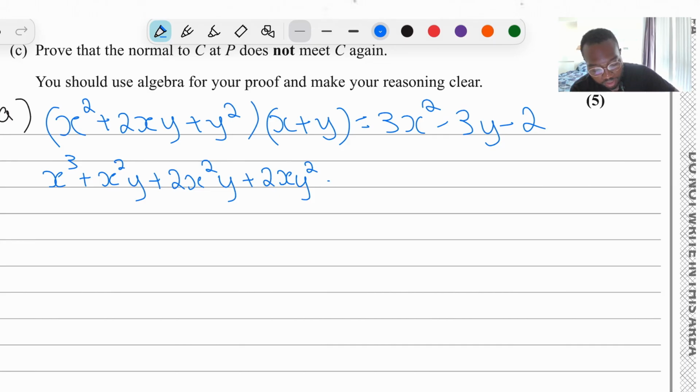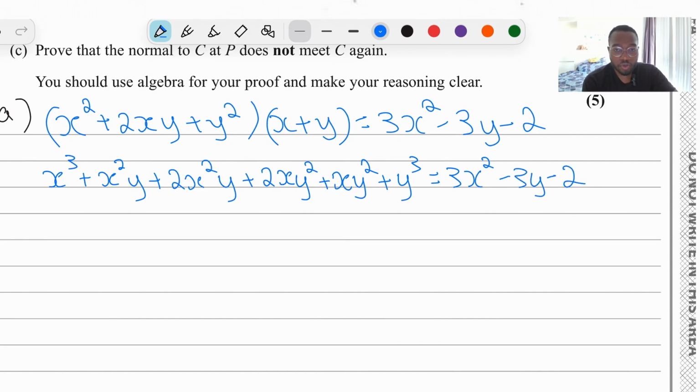Then we get an xy squared. You have to be very careful with this, not to make any mistakes. It is very easy to make mistakes, so just try to be very slow and take your time with these. And you get 3x squared minus 3y minus 2. Okay, so now we're at this stage here.